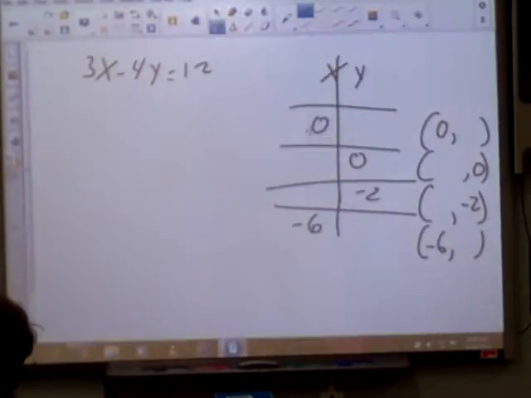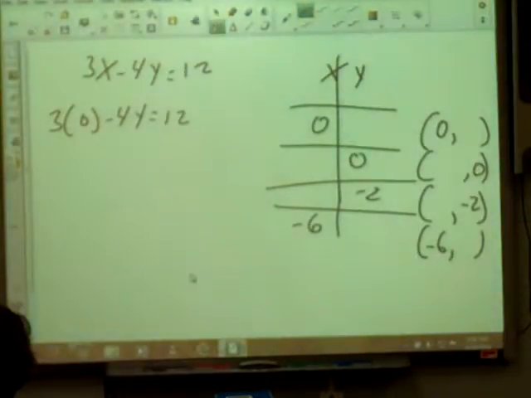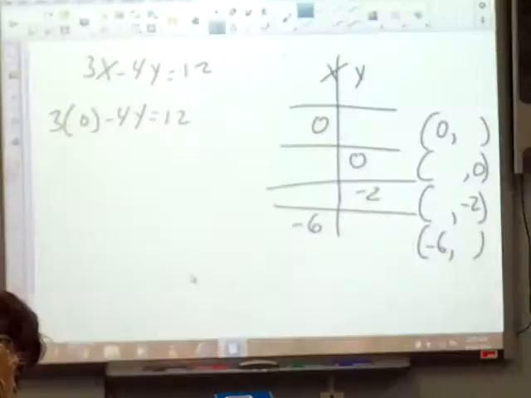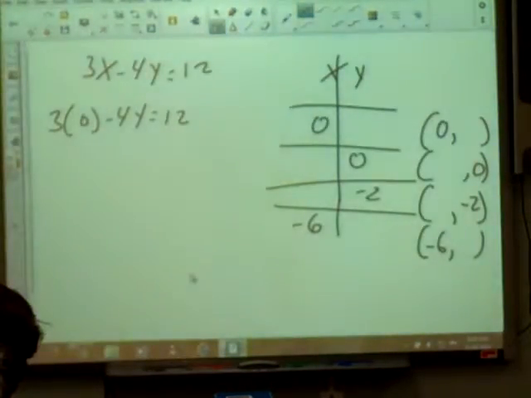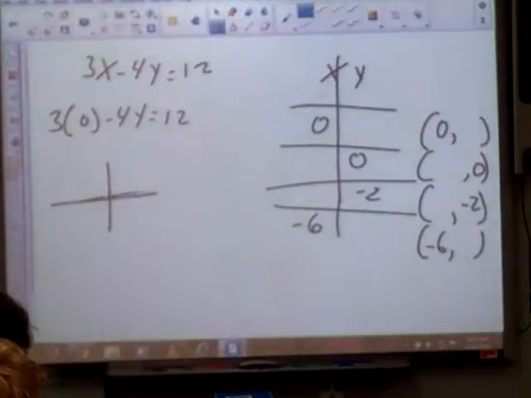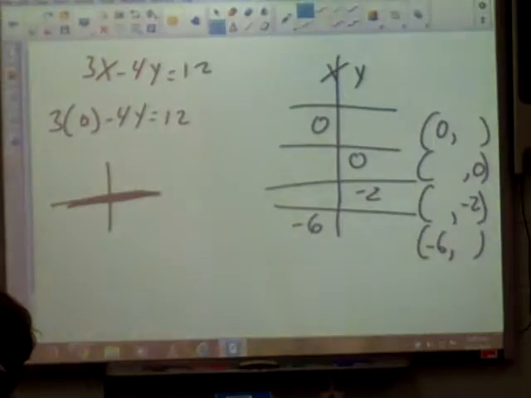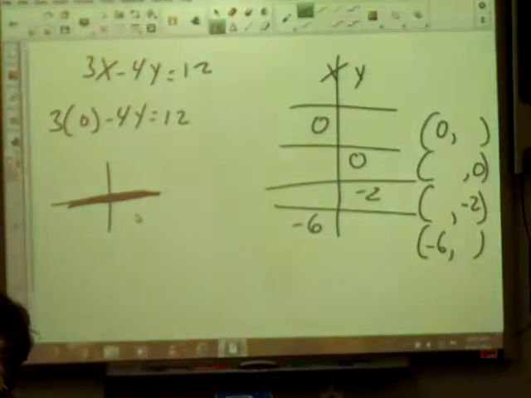So number 1, when x is 0, plug a 0 in for the x. Now, I'm going to get into it in a little bit, but those first two where you've got the zeros, those have special names. It's your intercepts. Because if I have a 0 on the x, if I do not go up or down any, that's going to tell me where it would cross.